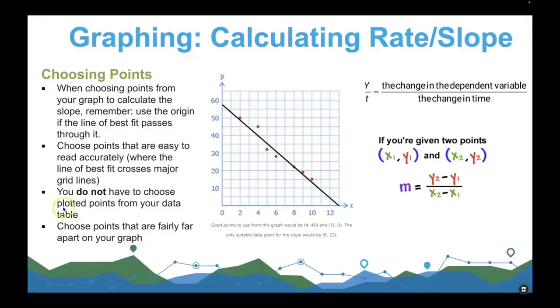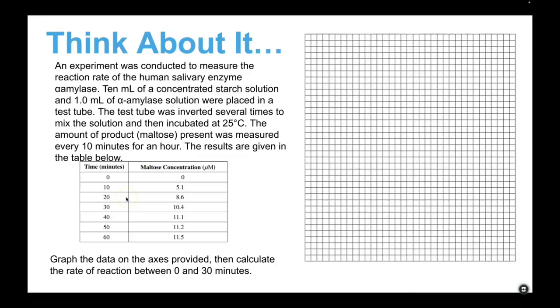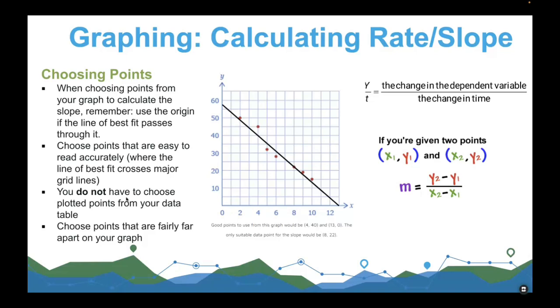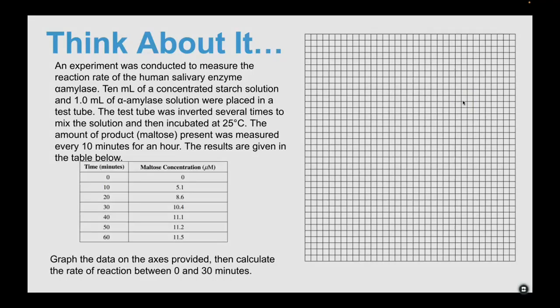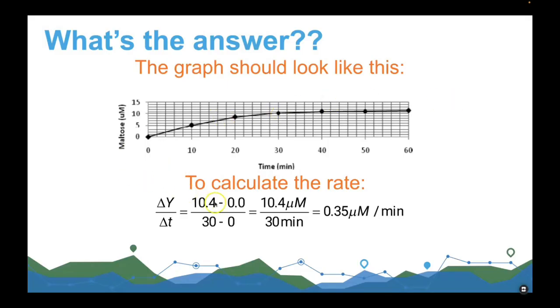And here you're being asked to calculate the rate. Remember, for rate, you're always going to want to calculate the slope. So your slope is always going to be your change in your dependent variable over your change in time. And for change, remember, that's just calculating the difference. The point I chose here is 10.4, so around 10.4, you have a value of 30.